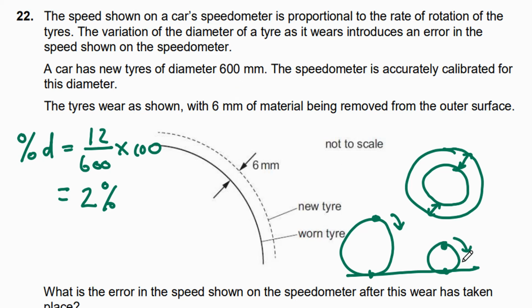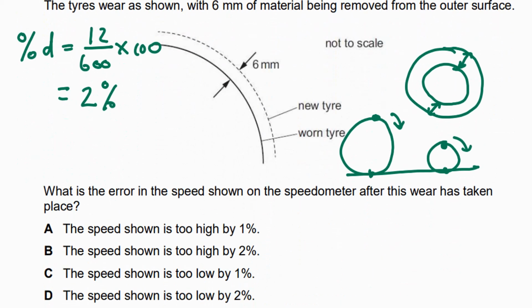Now the wheel is rotating faster. Since the diameter is smaller, it's rotating faster by 2%. And that means that the speed will be too large by 2%. So let's see which answer that is. In A it says the speed shown is too high by 1%, so this is incorrect. The speed shown is too high by 2%. So the answer here will be B.